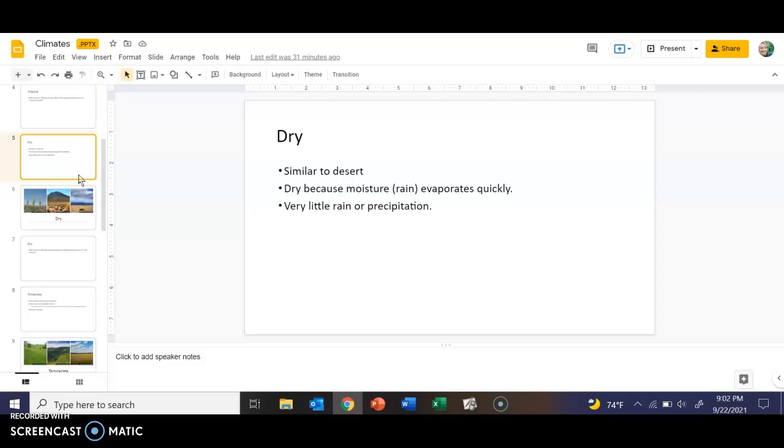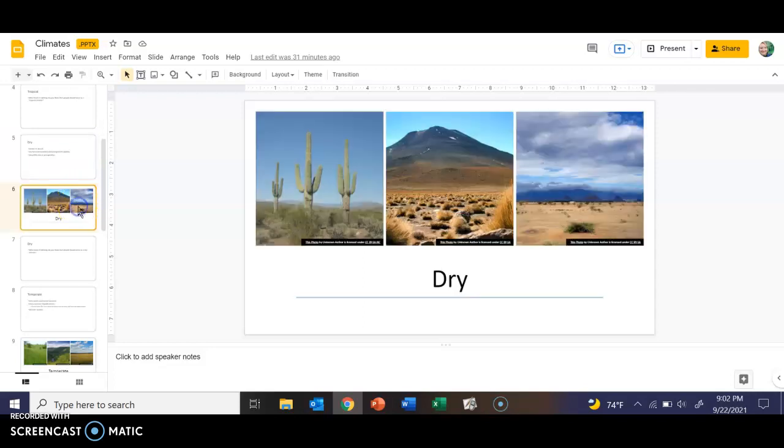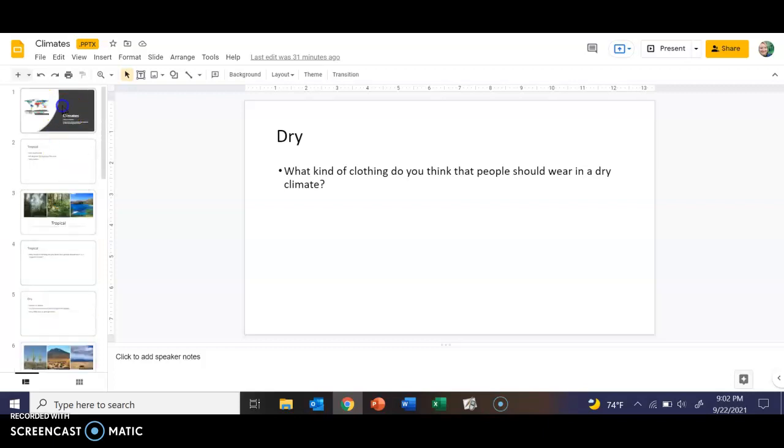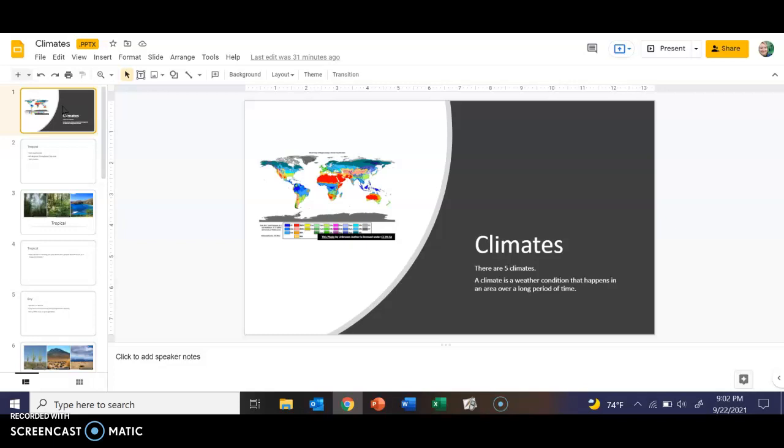And then we go into dry climate, again some facts about it, pictures, and then a question that's proposed again about the type of clothing that a person would wear. So as far as formatting, I did like that I kept the same formatting throughout the Google presentation.